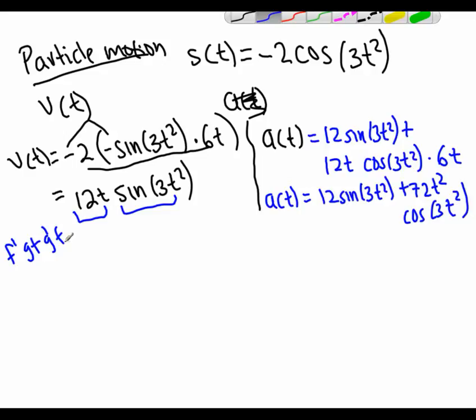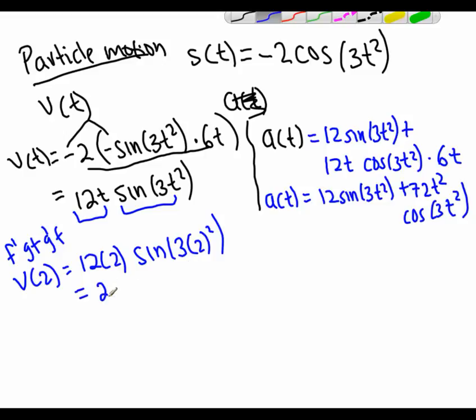But now let's say I ask you to evaluate the velocity and acceleration at time t equals 2. So I want to know what v of 2 is. I have to do 12 times 2 sine of 3 times 2 squared, which is 24 sine of 12.